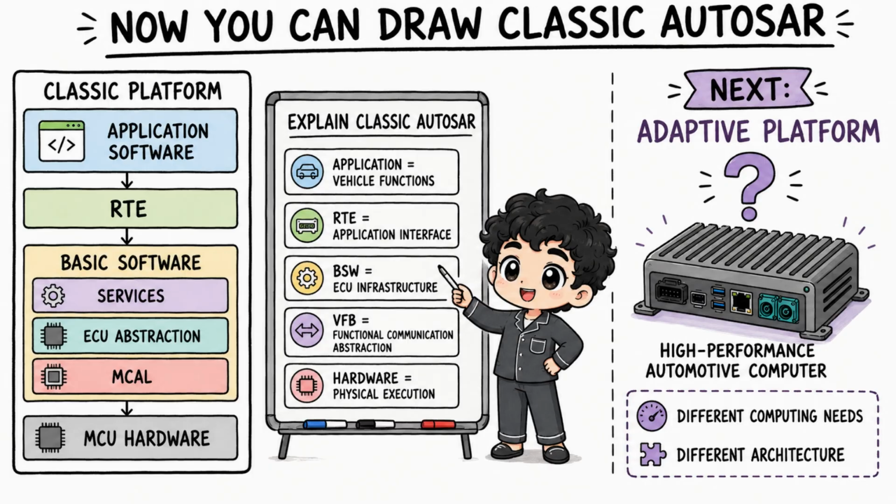Basic software provides standardized services, ECU abstraction, microcontroller abstraction, and other infrastructure required by the ECU. Underneath that software runs the actual microcontroller hardware. Then mention the virtual functional bus as the abstraction that helps decouple functional communication from the detailed infrastructure. That answer shows architecture understanding rather than acronym memorization.